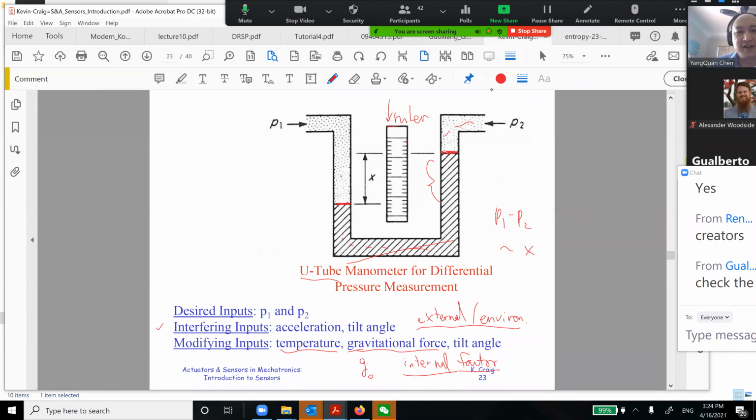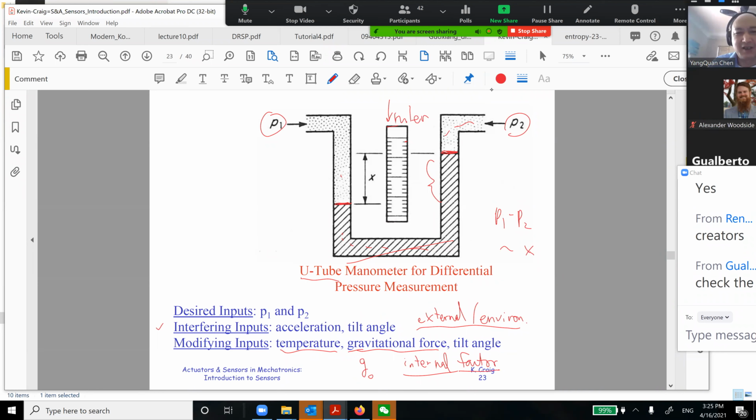We use this difference to infer what is the difference between the pressure P1 and P2, all right? So yeah, very nice. Direct inputs, I want to measure P1 and P2, okay?